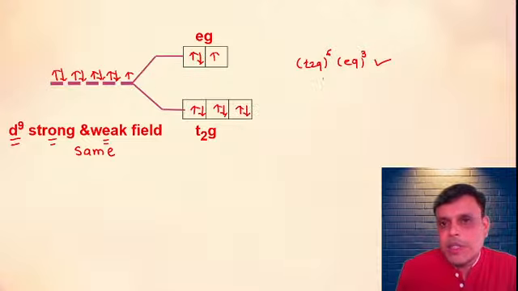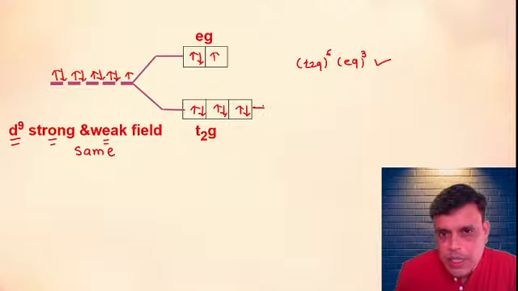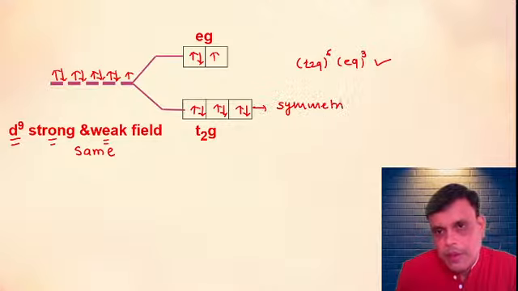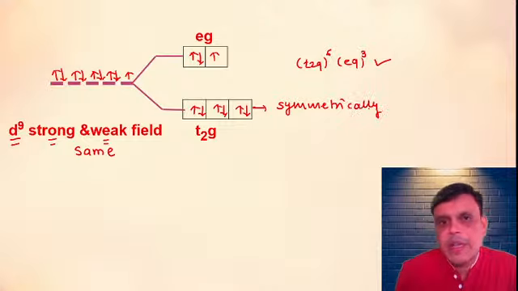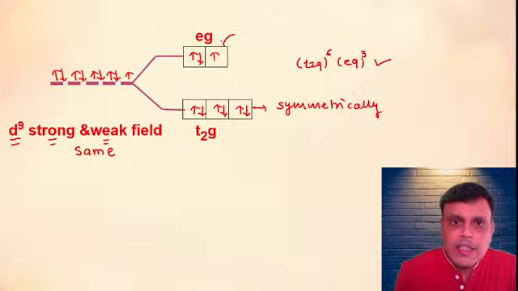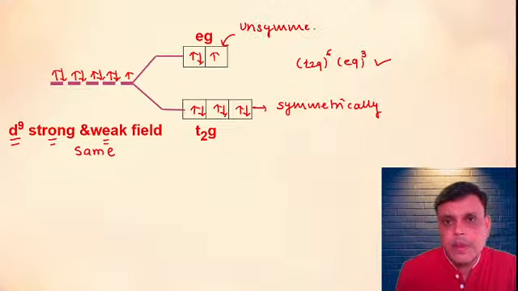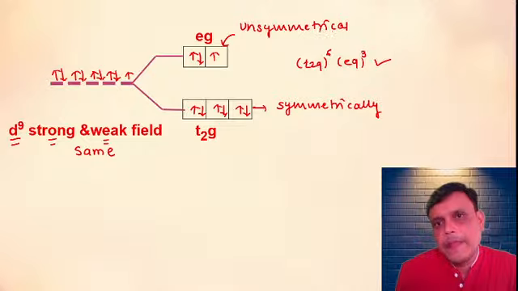So T2G6 and EG3. T2G is symmetrically filled and EG is unsymmetrically filled. Okay, understood.